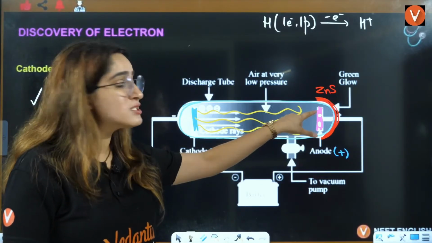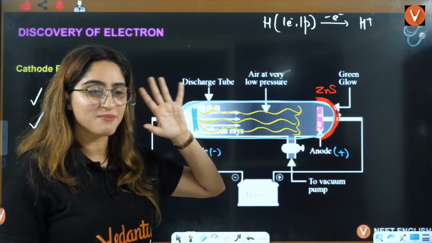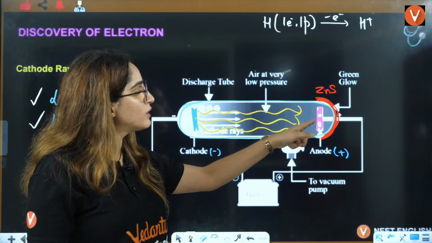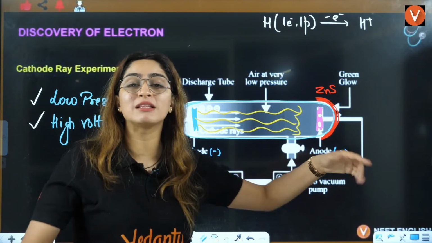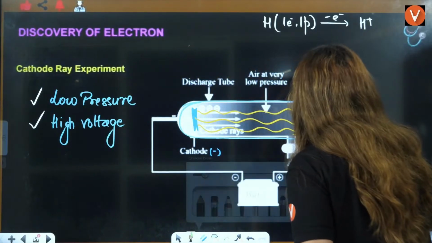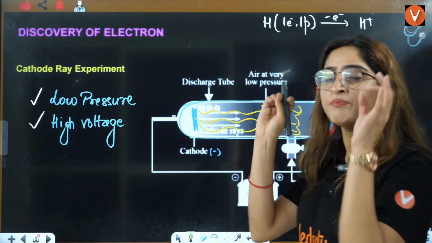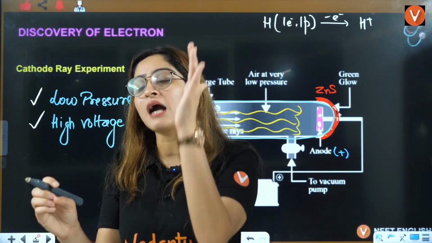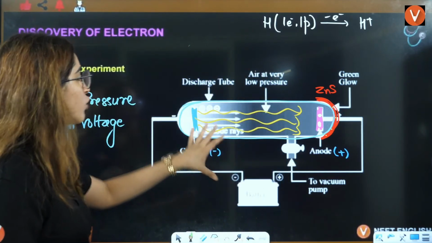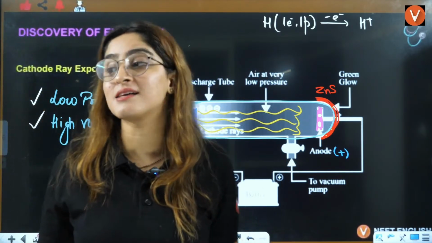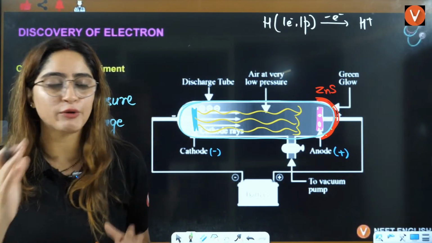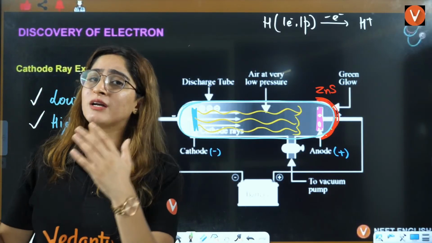So the rays that are coming from the cathode can pass through the anode and strike the zinc sulfide screen, and a glow will be there, which will tell you that yes, there are some rays coming out of the cathode, right? Because these rays are coming out of the cathode, they are called cathode rays, right?